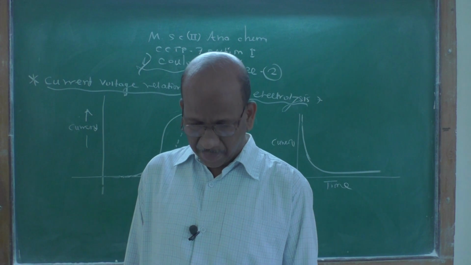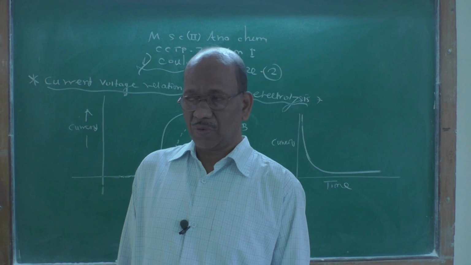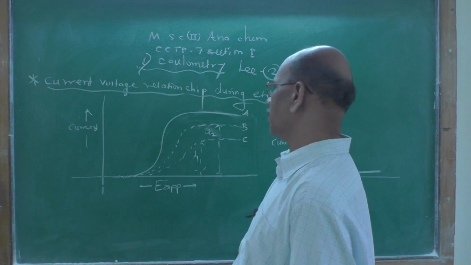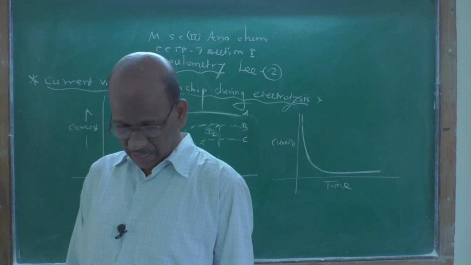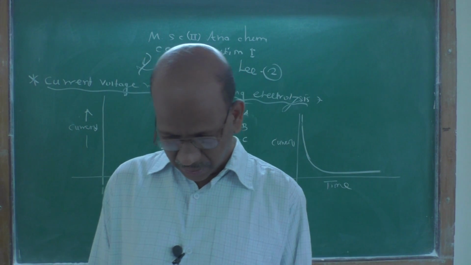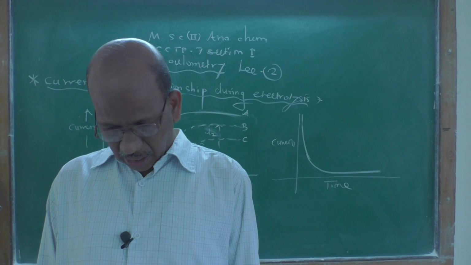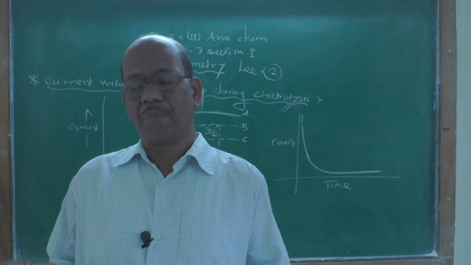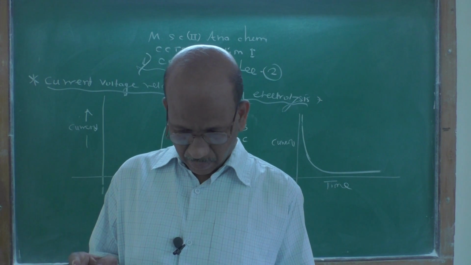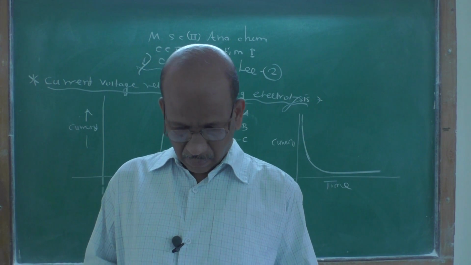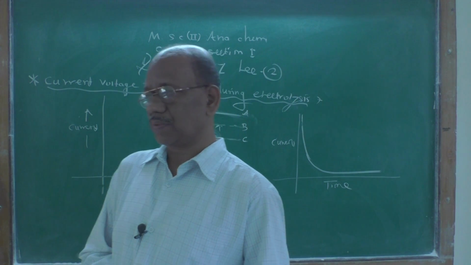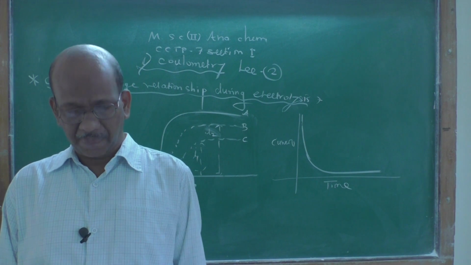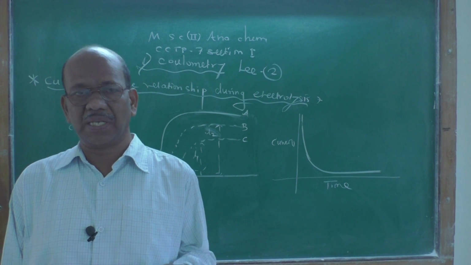So when we have to study the current-voltage relationship during electrolysis, at the start of electrolysis in controlled current coulometry, 100% efficiency is observed.